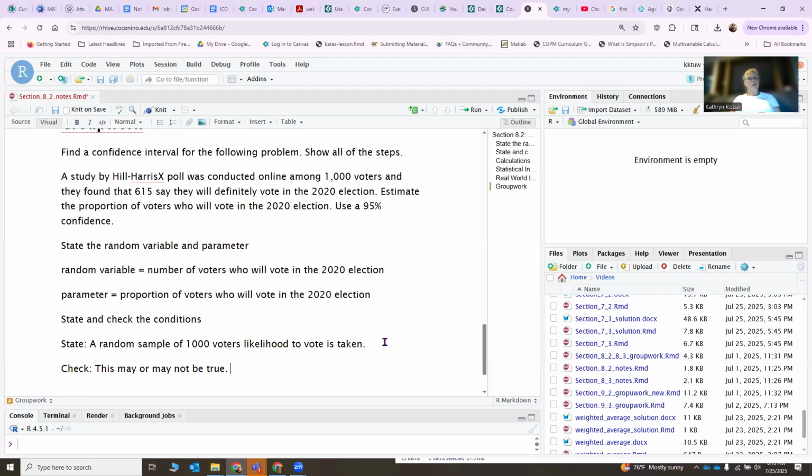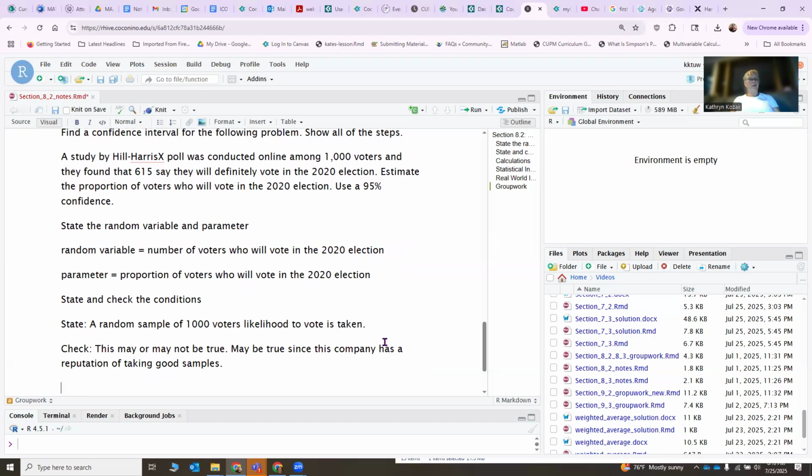But we're going to assume it's going to be true because of the reputation this company has. But we're not positive, so it may not be true.